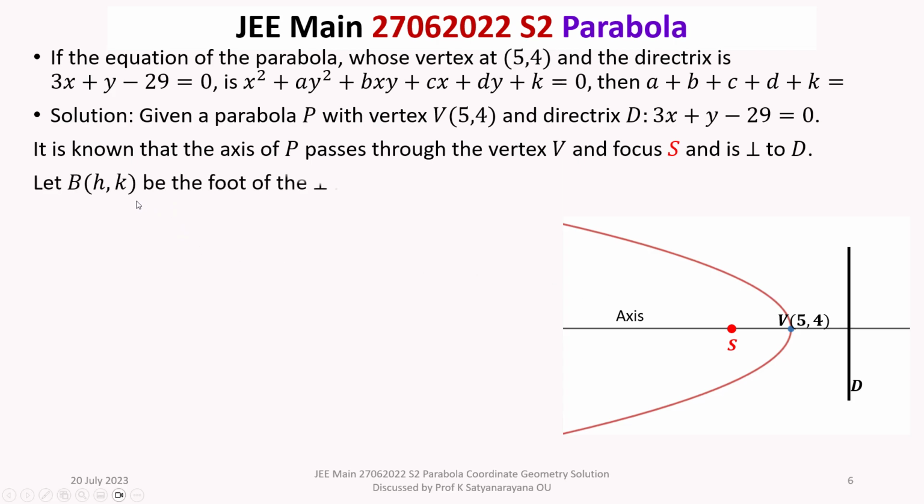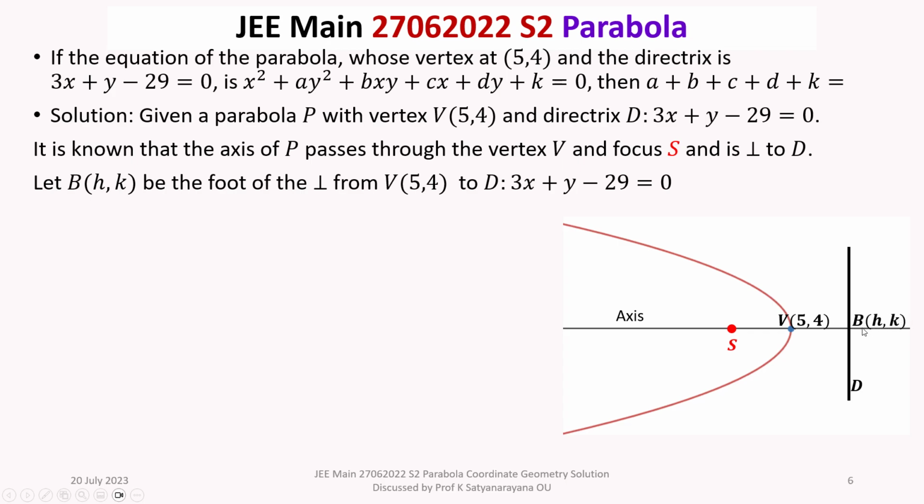Now let B(h, k) be the foot of the perpendicular from V with coordinates (5, 4) onto the directrix D given by 3x + y - 29 = 0. So we will find the foot of the perpendicular B(h, k).